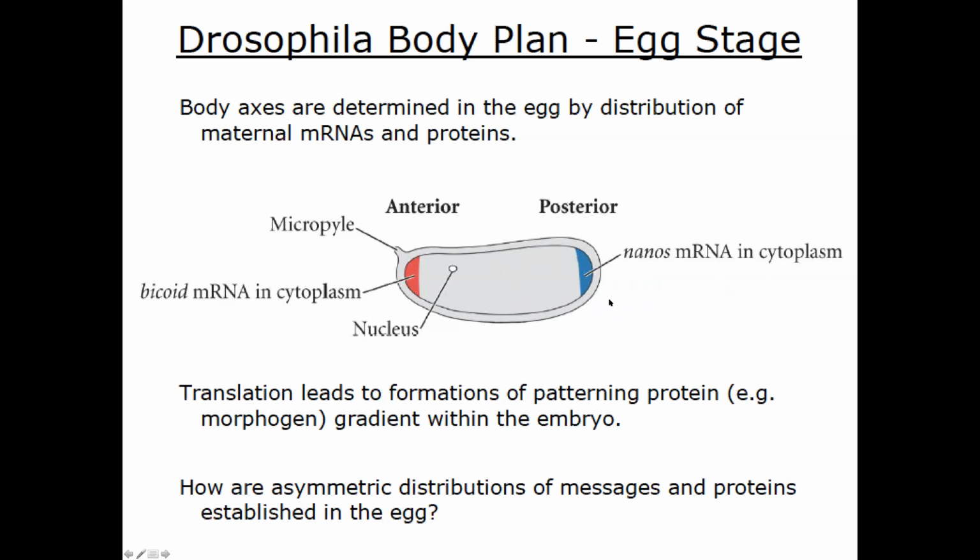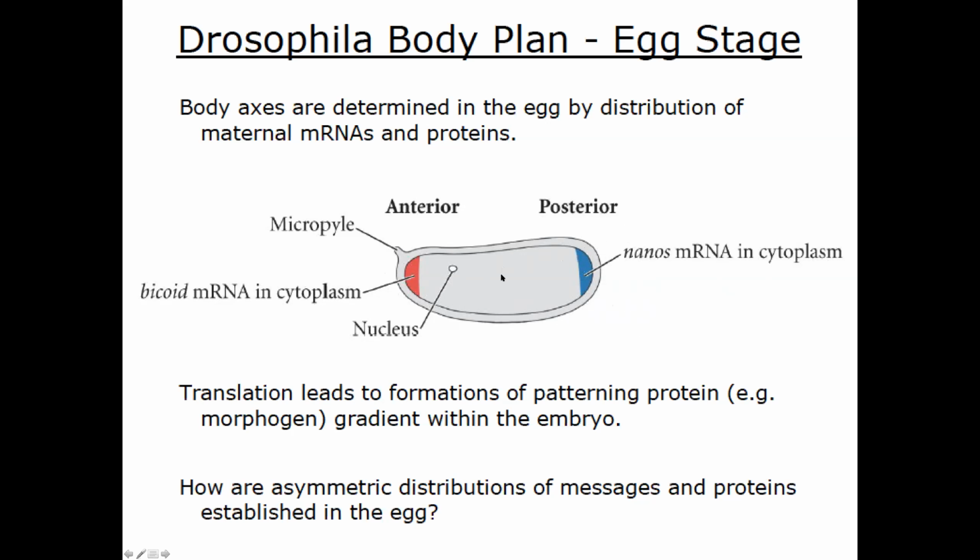So it's not the same as bicoid, because bicoid, being the cargo, is actively transported. So if you imagine active movement, bicoid mRNA explains active movement. But if you see nanos mRNA, it doesn't mean this is actively recruited to the posterior end.